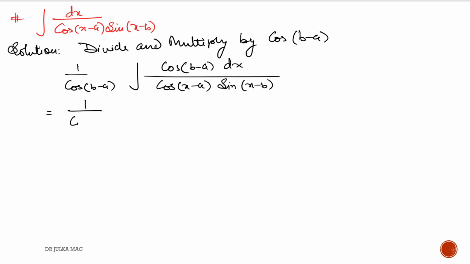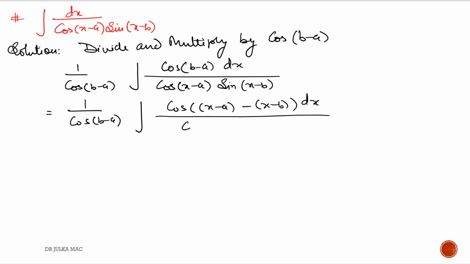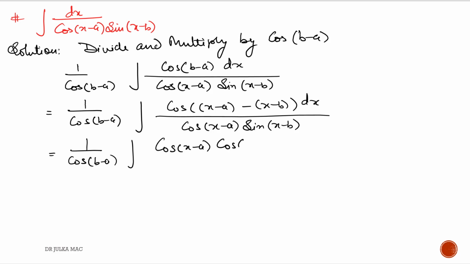Now we break the numerator as cos of angle (x minus a) minus (x minus b). We know the formula of cos(a minus b) is cos a cos b plus sin a sin b. So it's equal to 1 upon cos(b minus a) into cos(x minus a) into cos(x minus b) plus sin(x minus a) into sin(x minus b).